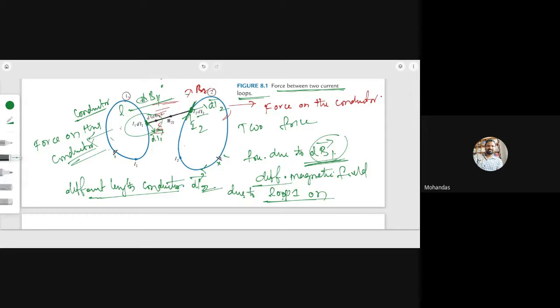What is the Lorentz force law? Whenever a current carrying conductor is placed in a magnetic field, it experiences a force. Okay na? Now let me write that force formula. That force is dF12.